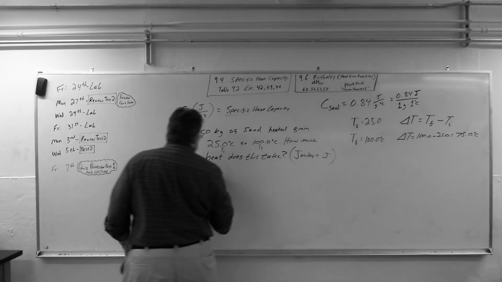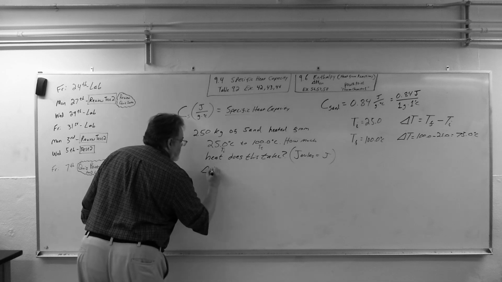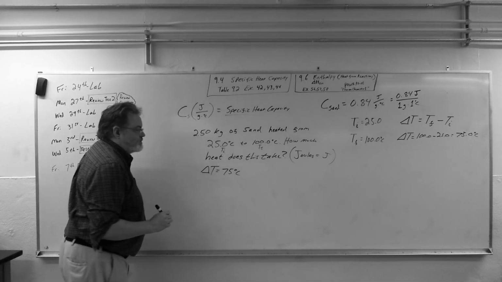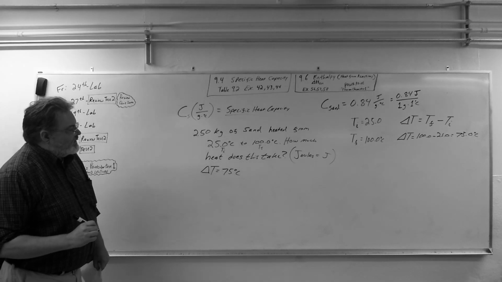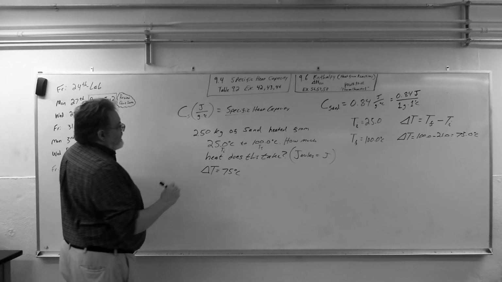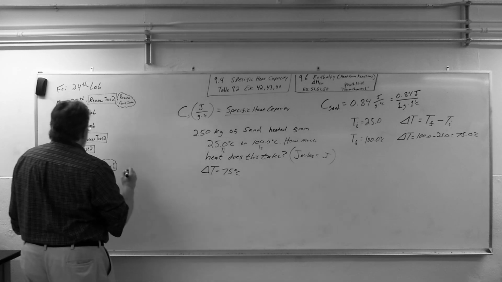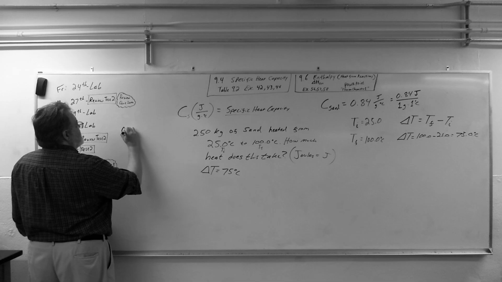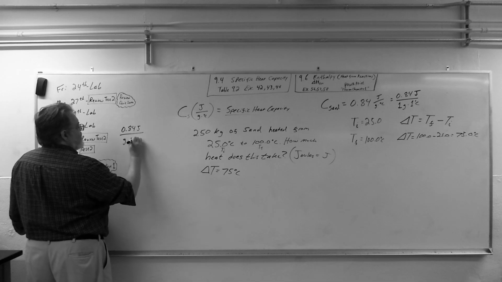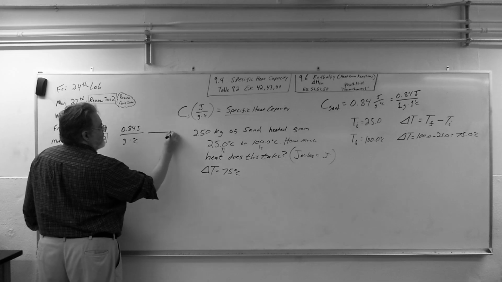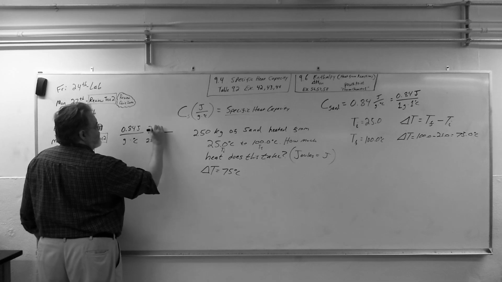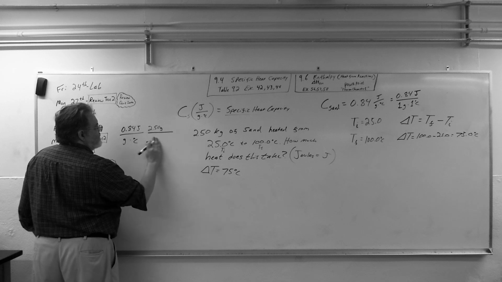So what we call that is delta T equals 75 degrees C. Just when you think this is going to get more complicated, to solve for joules, all you have to do is specific heat capacity per gram per degree C, and then we're going to put 2.50 grams.